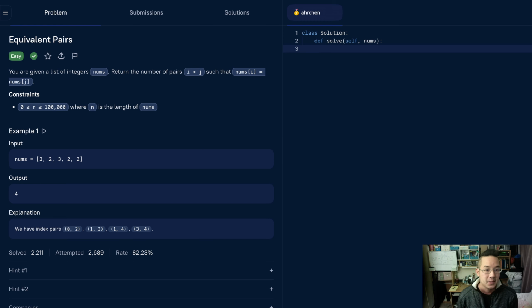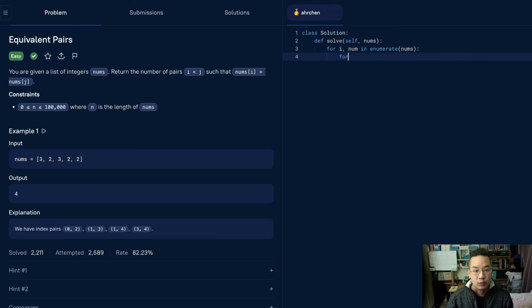So if we do this via brute force, it would be O of n squared time, because for every i in the length of nums, we can go through. Instead of range, we can use enumerate for easier access of the number and the i.